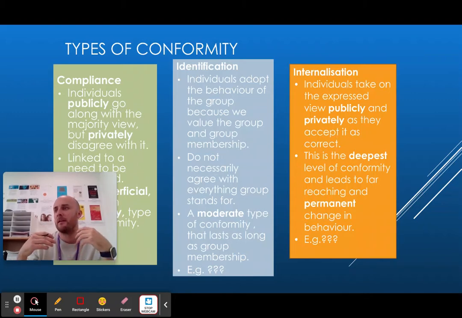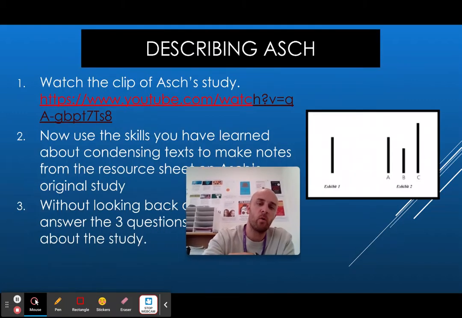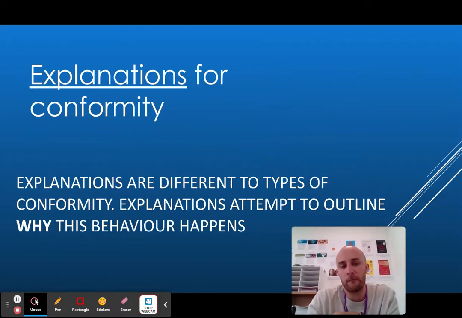There's great unity in this group, and she genuinely convinces me to believe the ways of her religion. That would be internalization. It's a permanent change. It's also known as, and write this down, true conformity. True conformity. So those are your types of conformity.